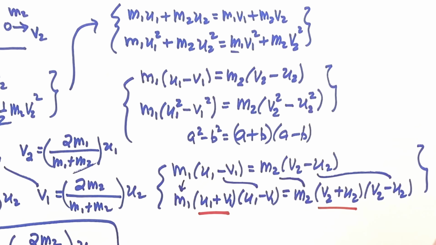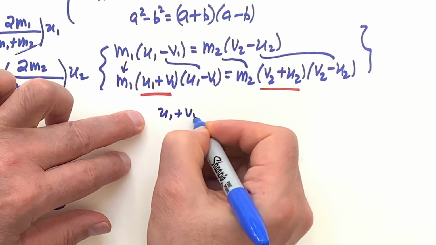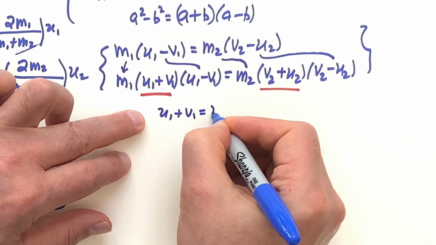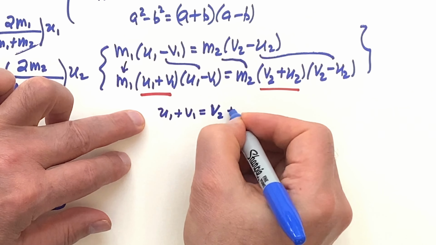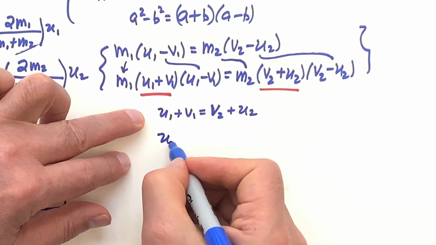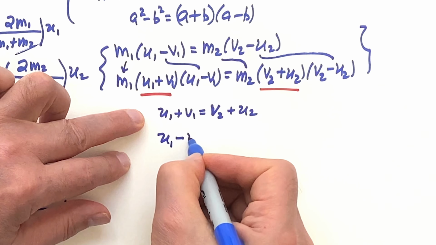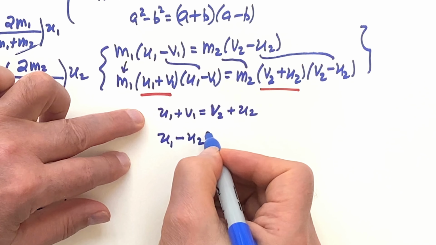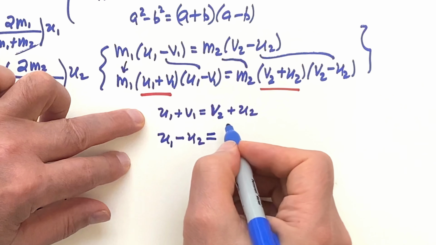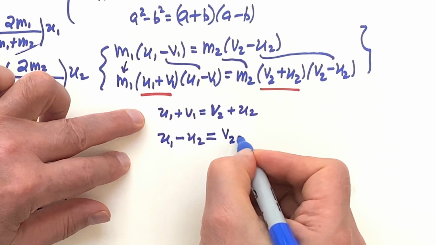So these extra factors must be equal. So U1 plus V1 equals V2 plus U2. Now I'm going to have this written as U1 minus U2. I'm going to bring the U's to the left and all the V's to the right. So this is V2 minus V1.